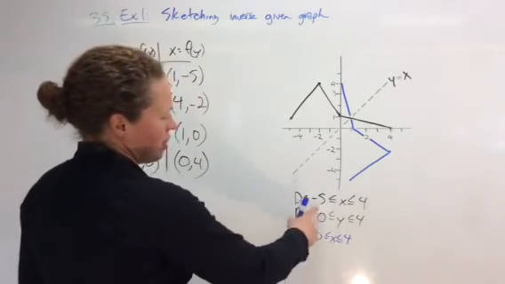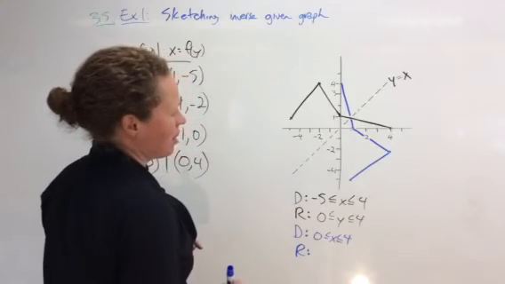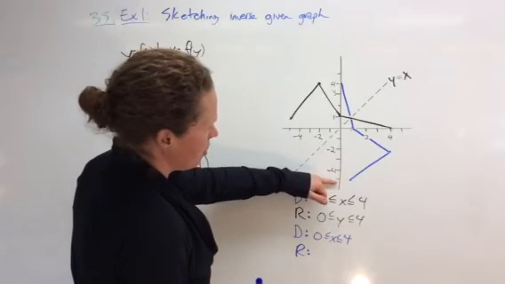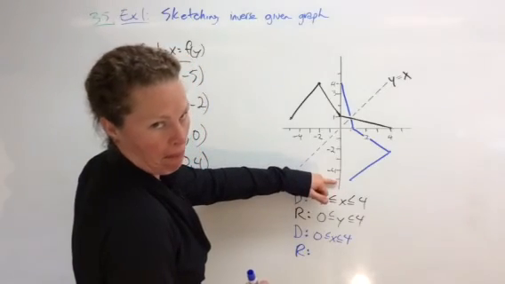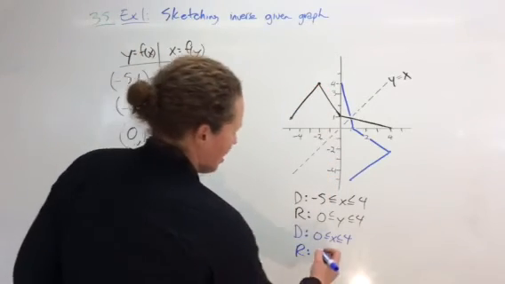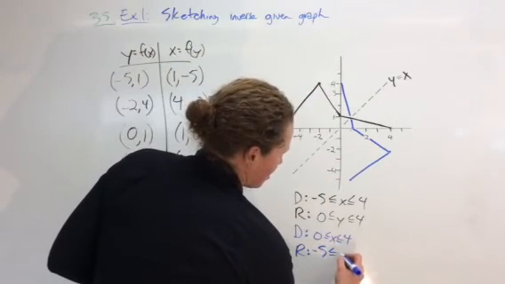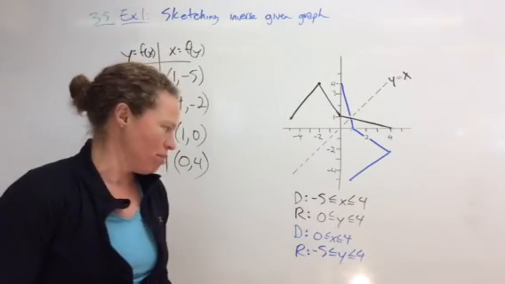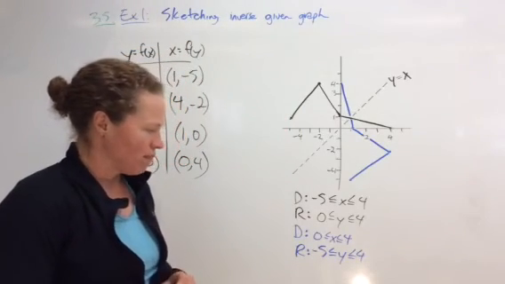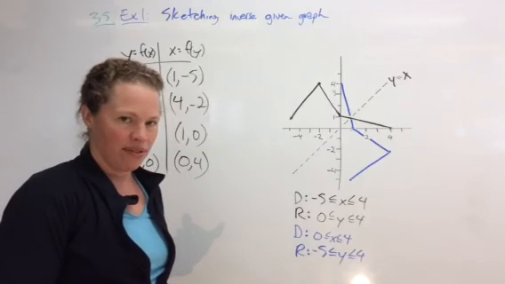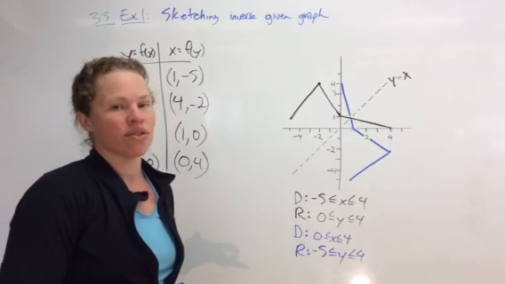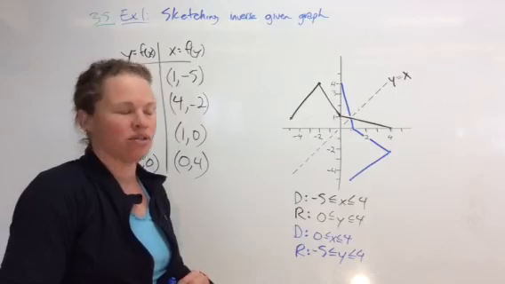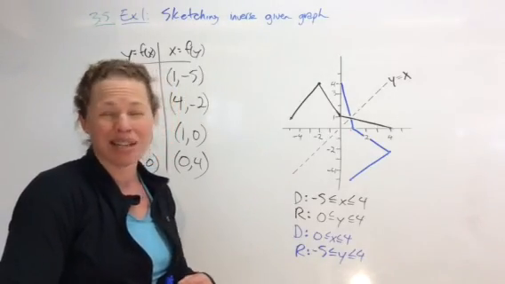So we can guess that the range is going to be this, but let's have a look. The range goes from negative 5 up to 4. Yay! So you can see that the relationship for domain and range of inverse graphs is that the domain and range are also inverse. The domain becomes the range becomes the domain, because y became x and x became y.